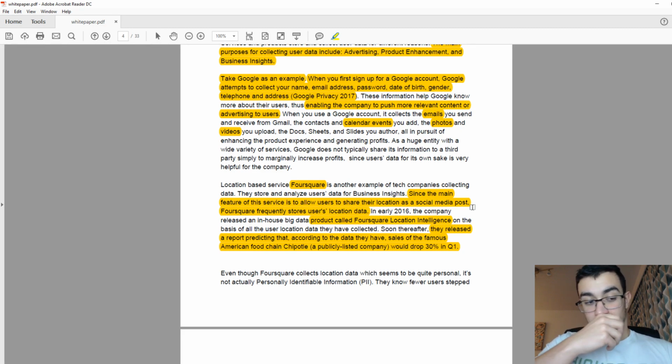So what did they do? With the location data they had from all the users, they gathered all the data and predicted that, because the location data at Chipotle was a lot lower than usual, their sales would drop 30% in Q1, and this happened. So this is showing you how data can be really relevant for companies and for investors.